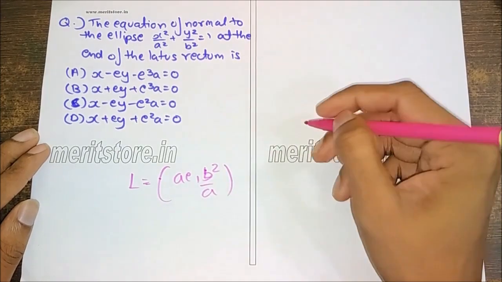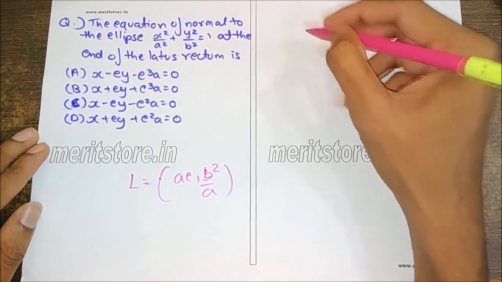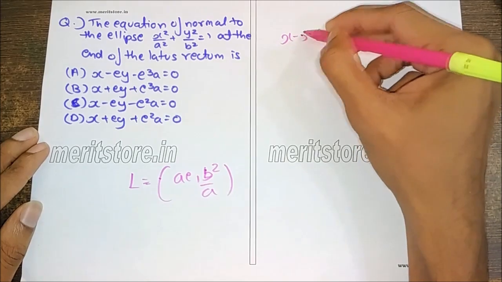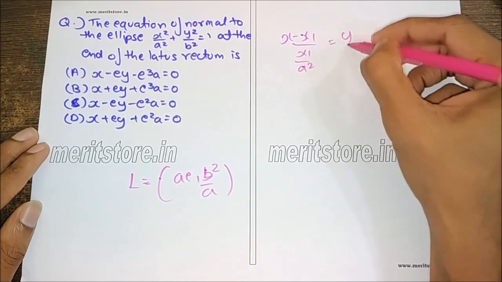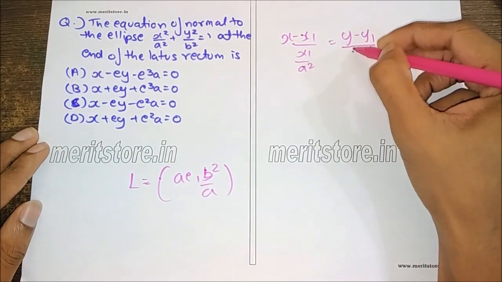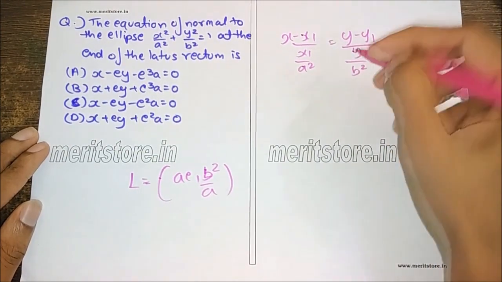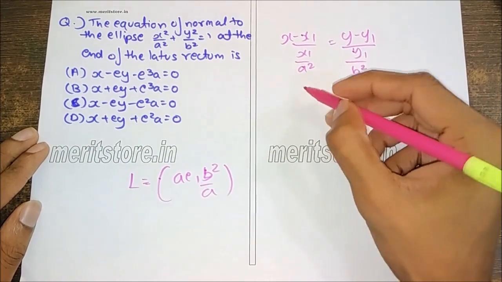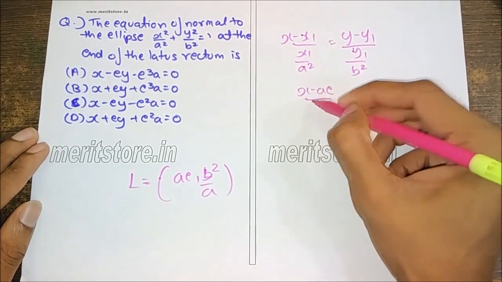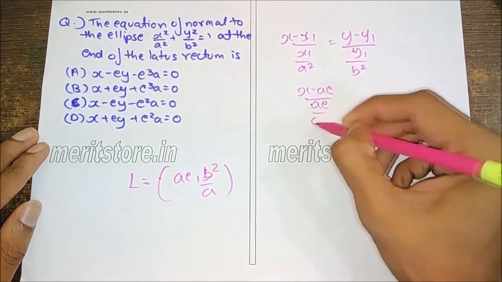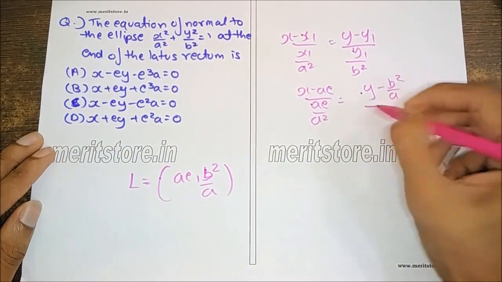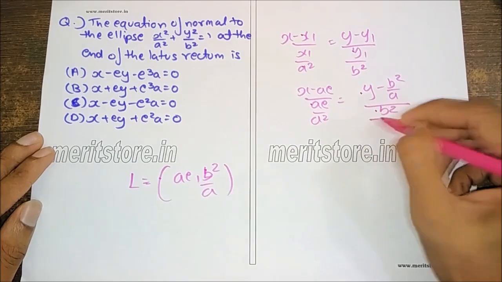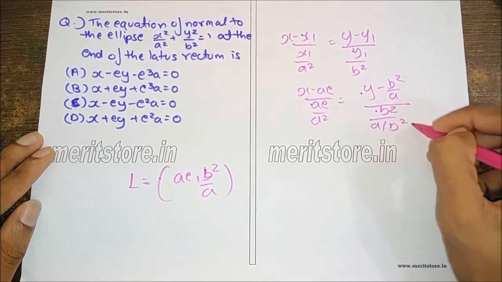So normal at (x1, y1) is (x minus x1) upon a square, (y minus y1) upon b square. Therefore normal at L is (x minus ae) upon a square equal to (y minus b square upon a) upon b square.